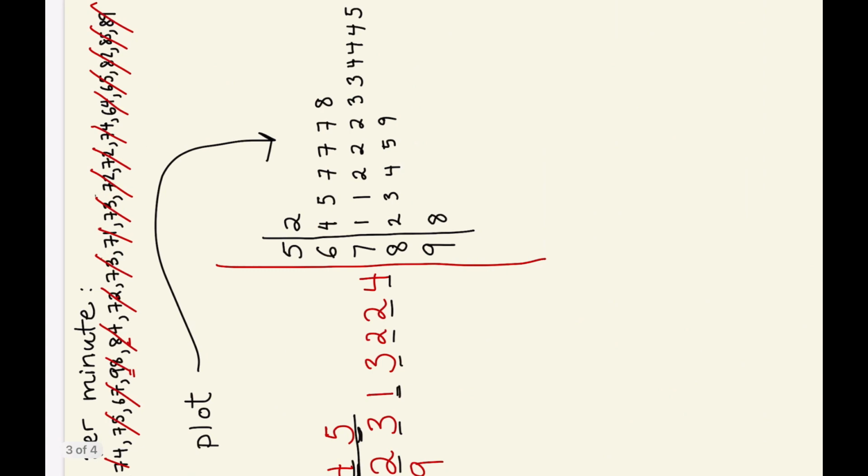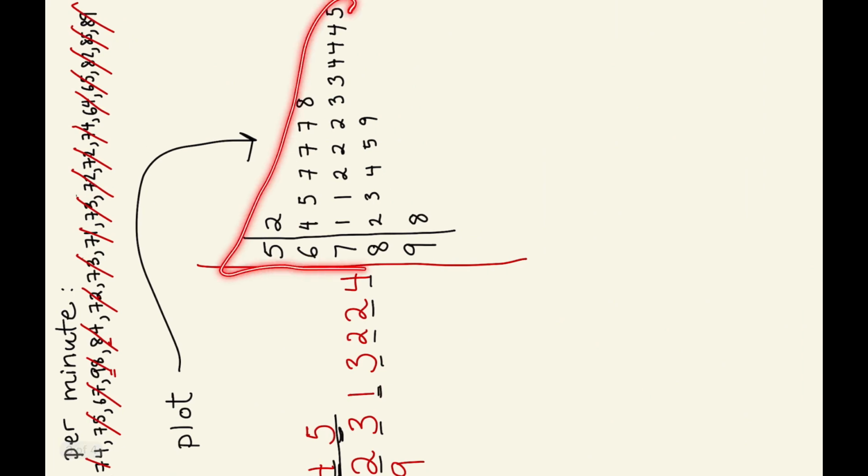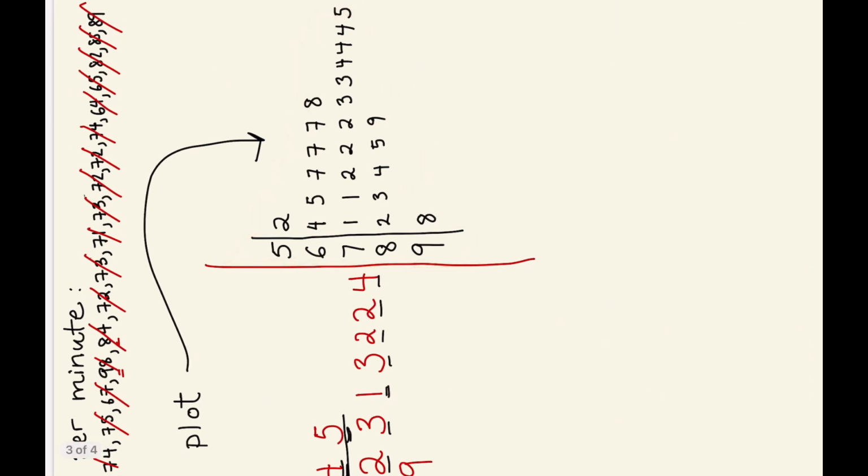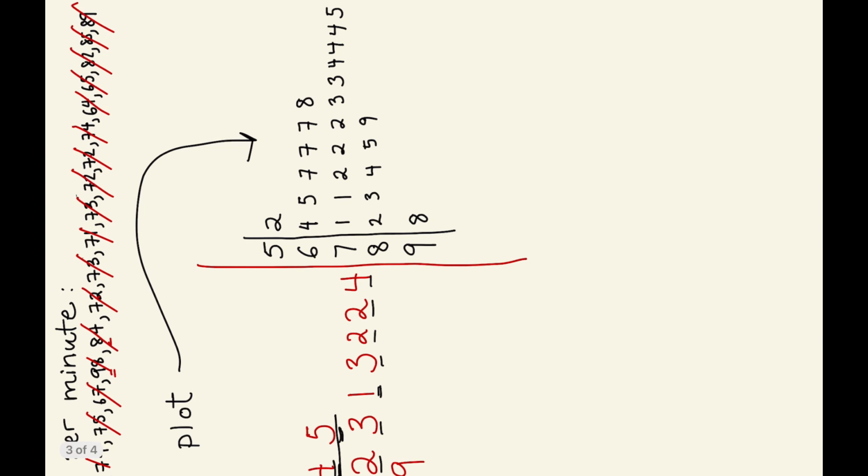So the stem and leaf plot is kind of like a histogram, but the nice thing about the stem and leaf plot is that we keep the values. I can recover every value in my sample from the stem and leaf plot.